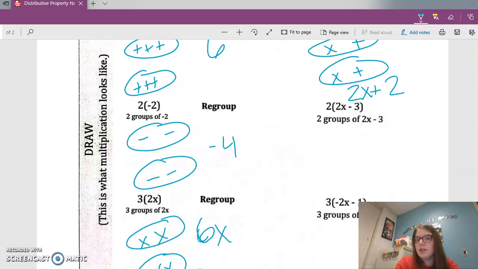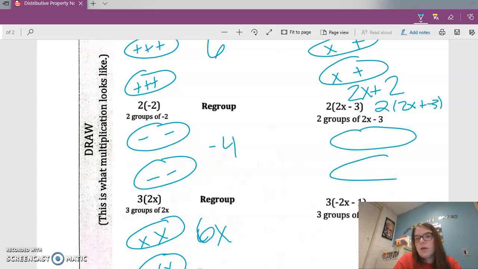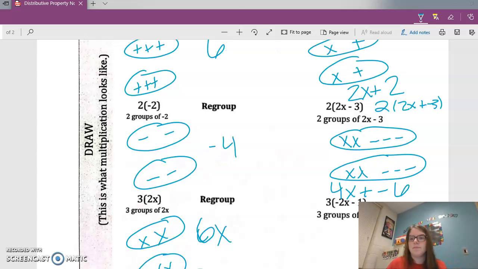The way I like to look at this one more is 2 times 2x plus a -3. We're going to really keep change a lot today. So I have two groups of 2x's and 3 negatives, so I would have 4x plus a -6.